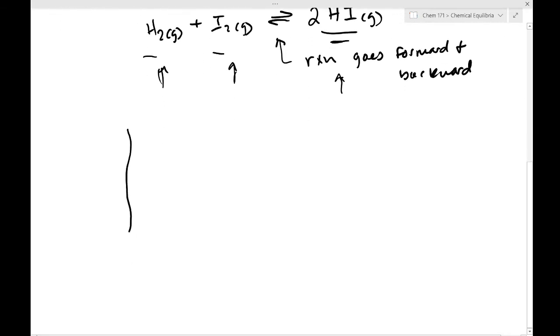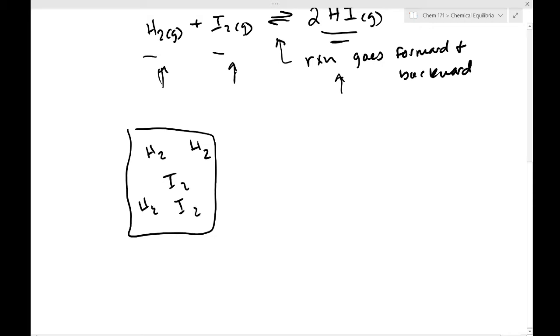To illustrate, let's have an airtight box, and we have H2 gas in there and some I2. We have an equal mixture of H2 and I2. This is at time t equals 0, so nothing has reacted yet. We don't have any HI in the system.